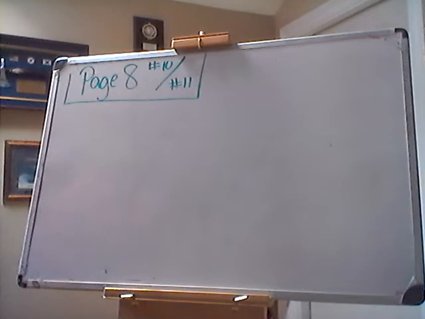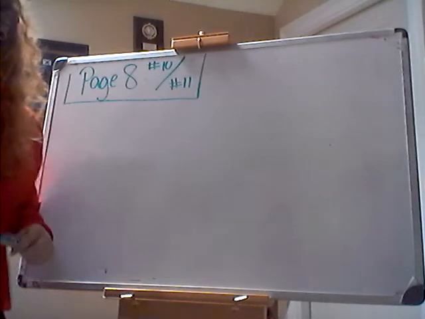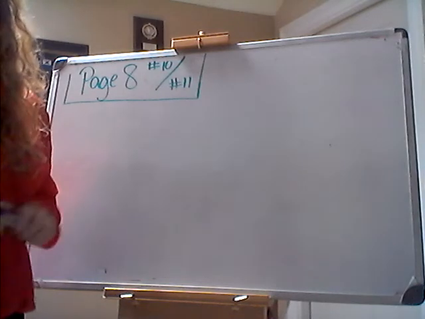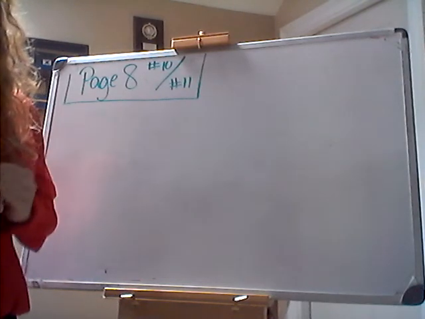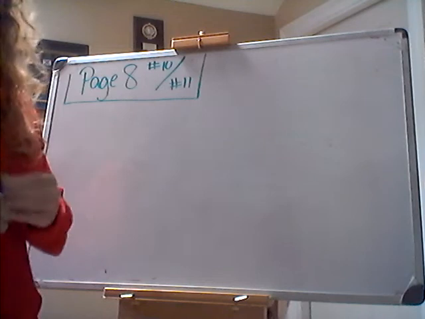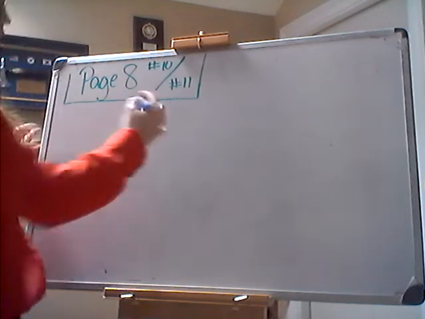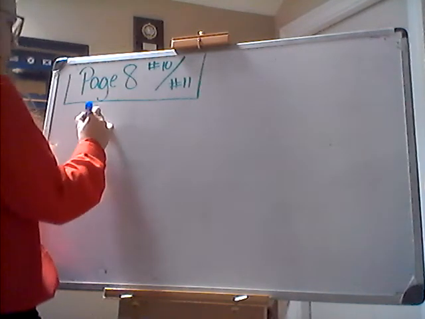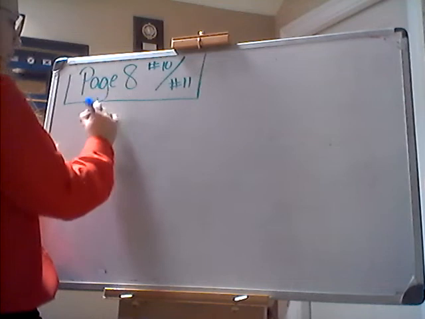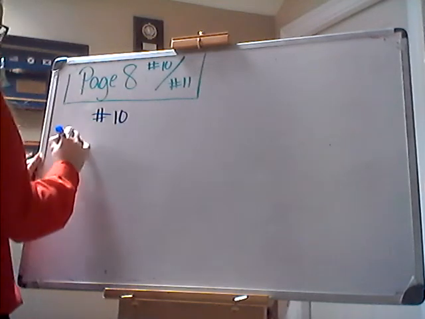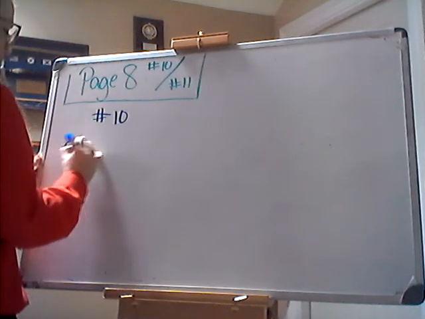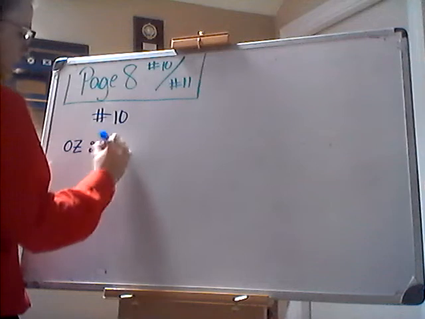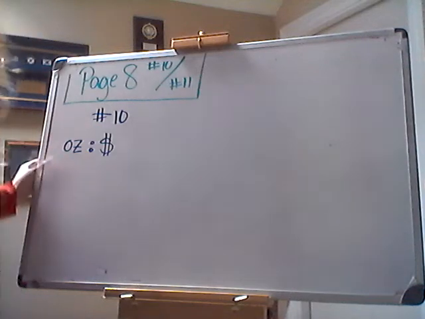So number 10 says, Talon buys 5 ounces of tea leaves for $2.35. At this rate, how much money does she need to buy 12 ounces of tea leaves? I'm going to set up a ratio. So this here's number 10 over here. Set up a ratio of ounces to dollars, our amount of money.